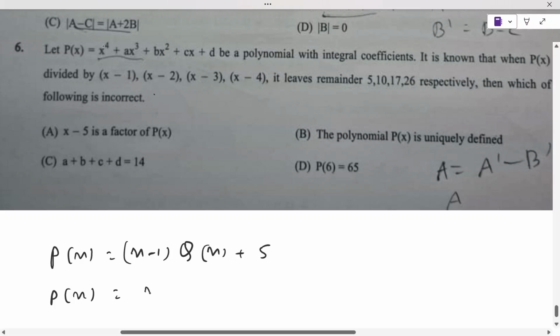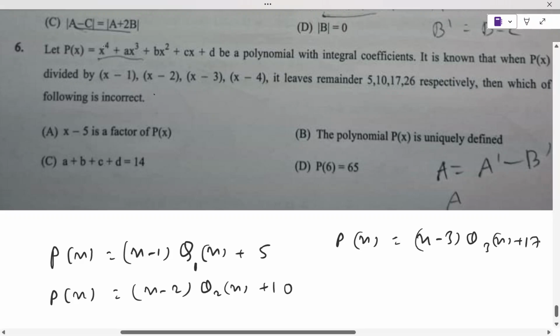P(x) equals x minus 2 into q2(x) plus 10. Then I will simply write P(x) is equal to x minus 3 into q3(x) plus 17. P(x) is equal to x minus 4 into q4(x) plus 20.